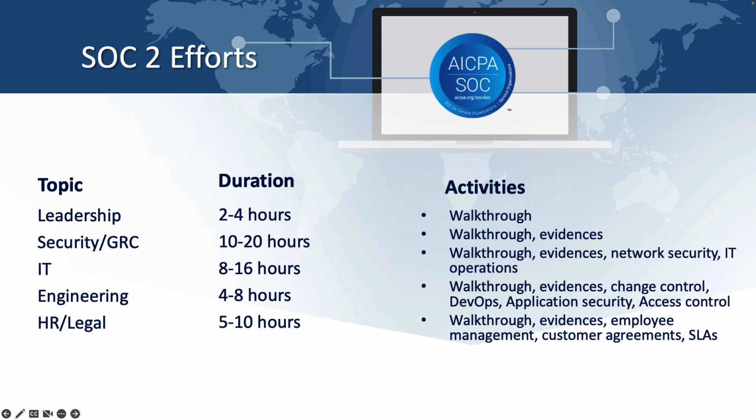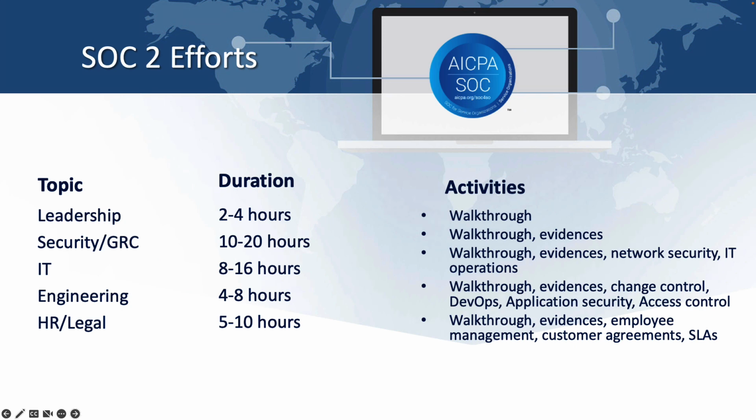Usually the auditor will sit with different audiences during the audit. The leadership team needs to meet your auditor just to understand that sponsorship is there, and the security culture has been embraced by the top management.